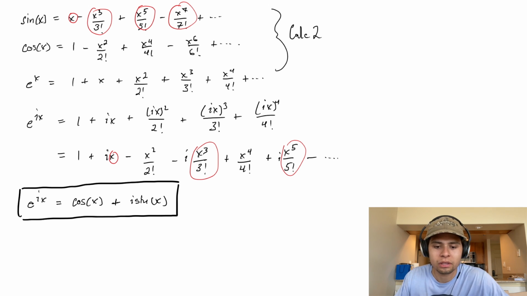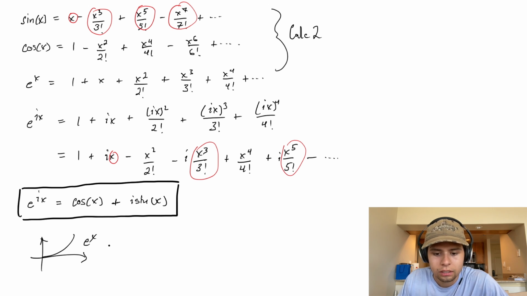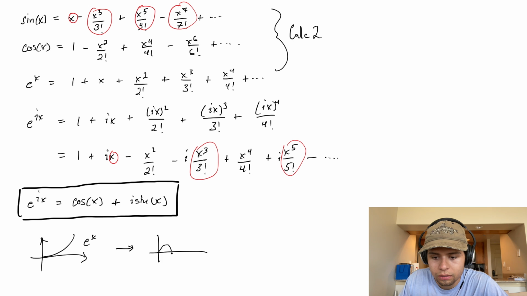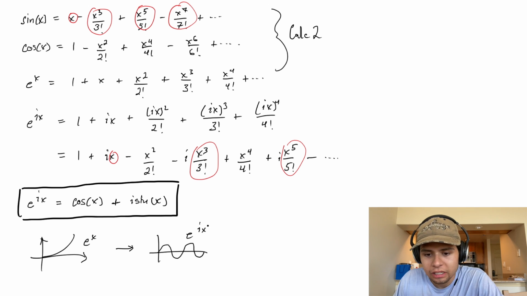So we went from something that looks like this, so an exponential looks like this, so that might be e to the x, right? And we went to something that looks like this. This is e to the ix. Okay?